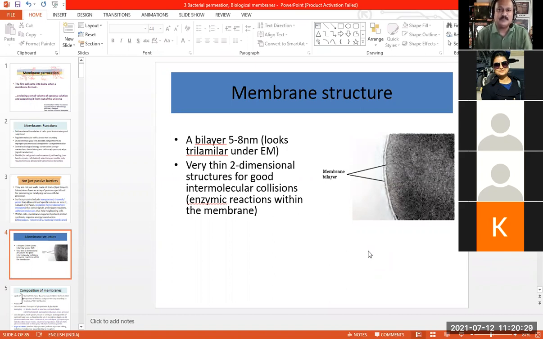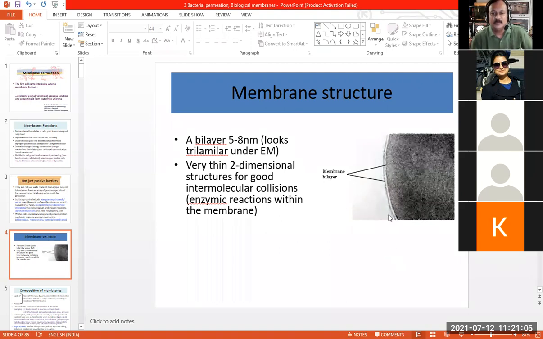Because of that, you see that there are electron dense regions on the two margins, and inside is the electron light region. So dark regions outside and a light region inside. That actually makes it appear to be like a tri-layer structure, but essentially it is a membrane bilayer, that is, two layers of lipids adjacent to each other.